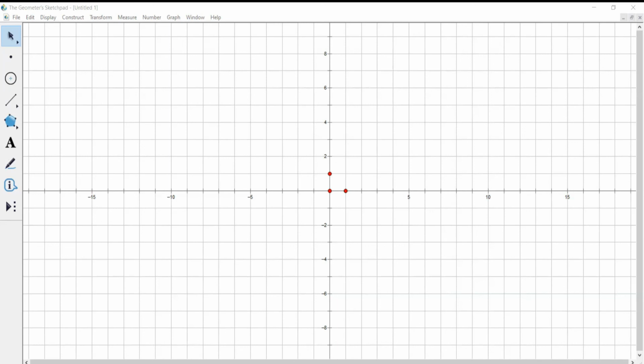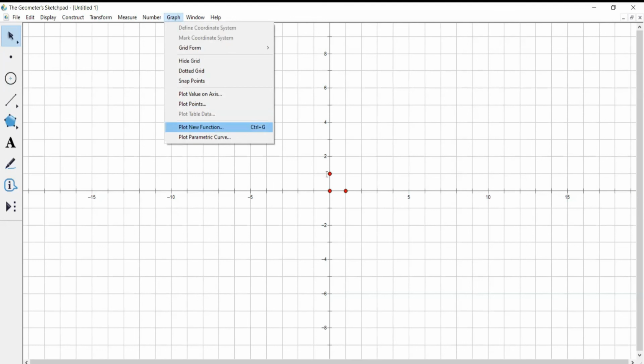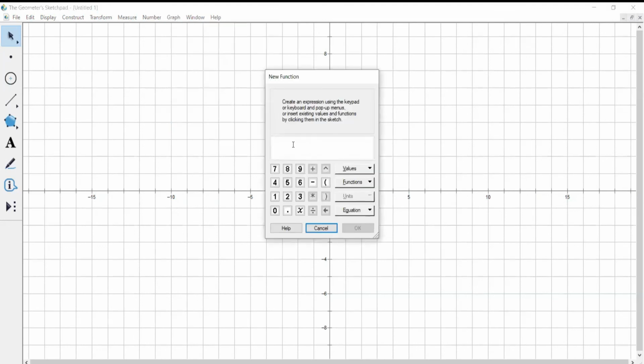Modulus of x plus 2, that's f of x. Oh, it actually can't plot the modulus in this one. All right.